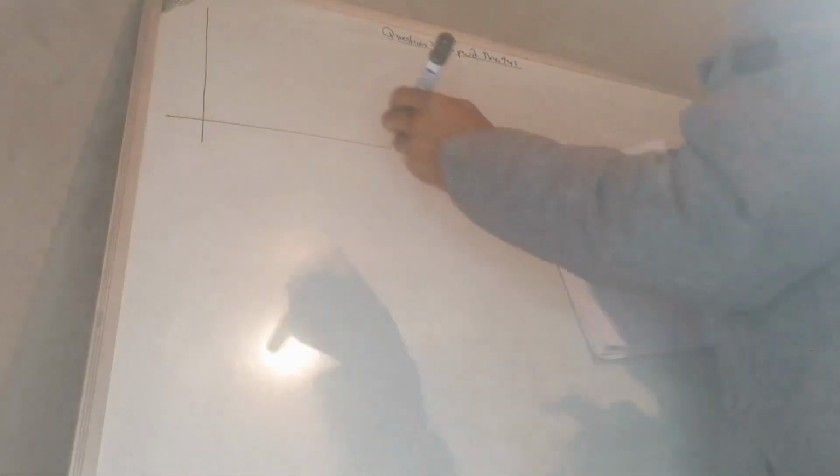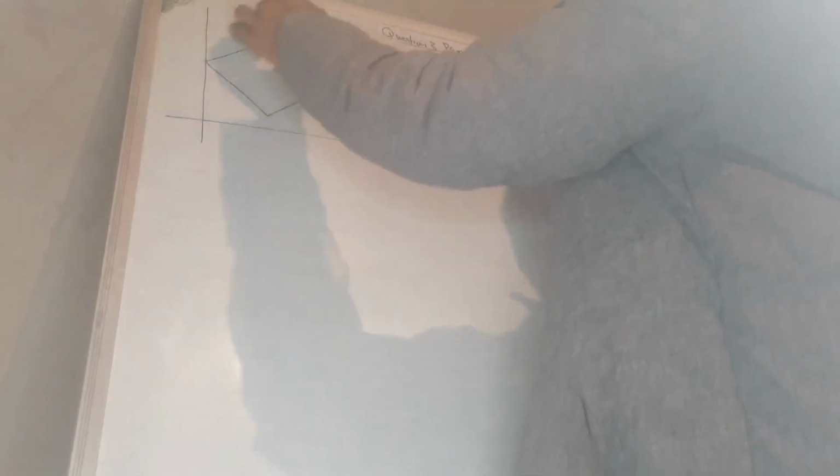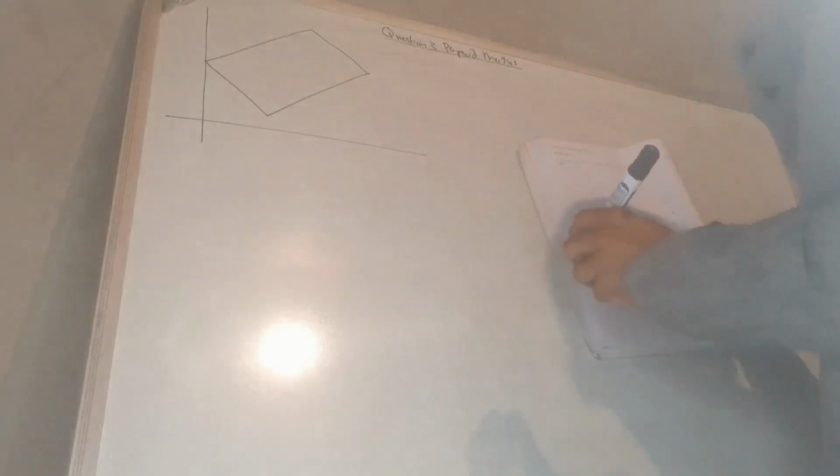Question 3. In the diagram below, P, Q, R, and S are the vertices of a quadrilateral PQRS. Fortunately, this is drawn for us. I'm not very good with this, but I will try my best.